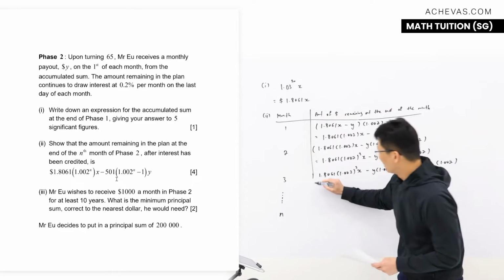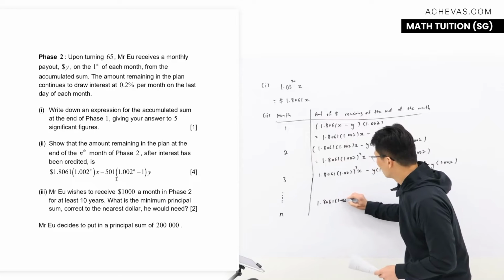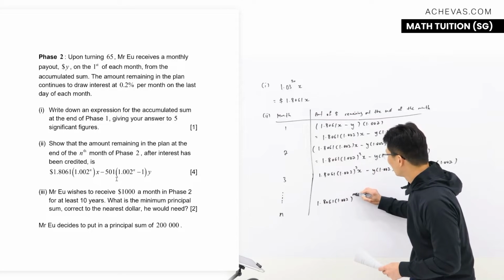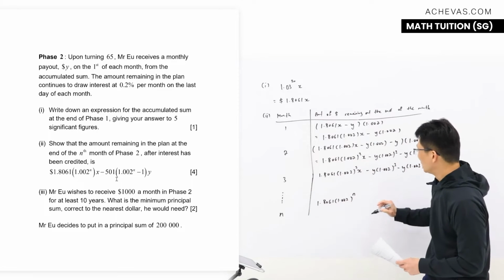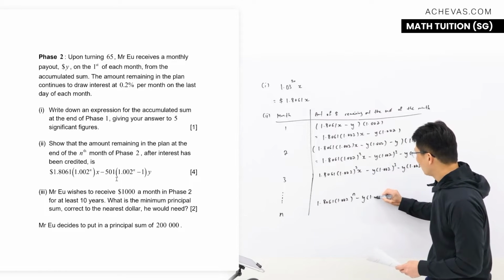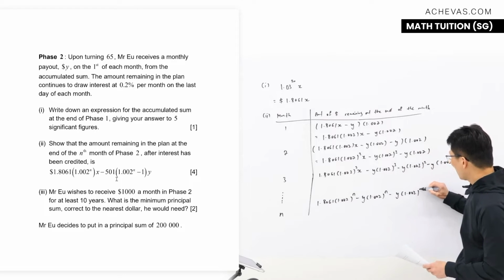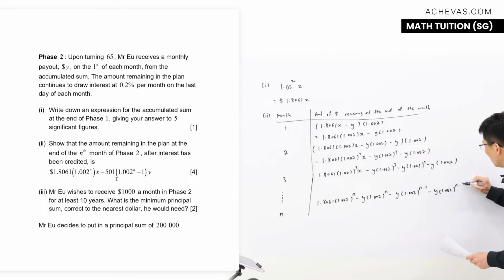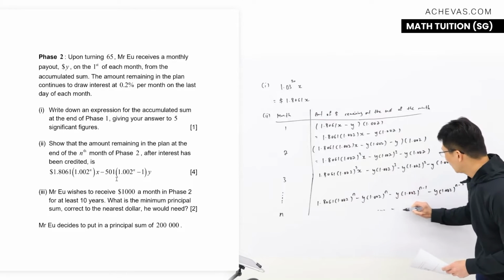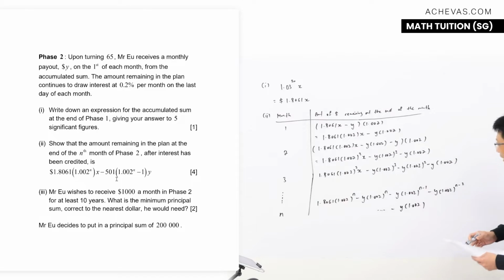Again, I will get something like this: 1.8061 × 1.002 to the power of n, minus y × 1.002^(n-1), minus y × 1.002^(n-2), and it will keep going until we have y × 1.002, and there will be a total of n terms here.